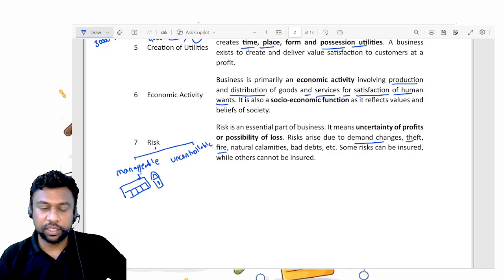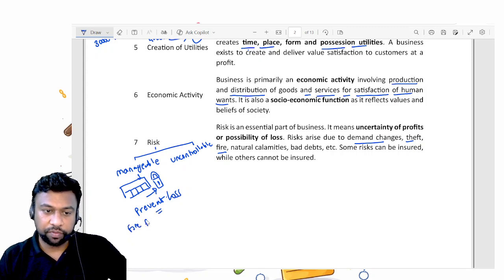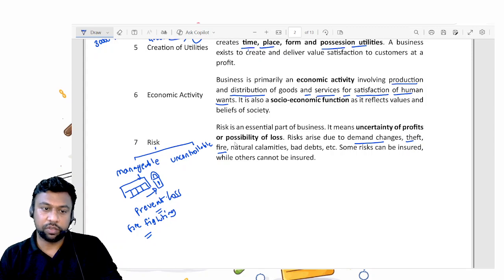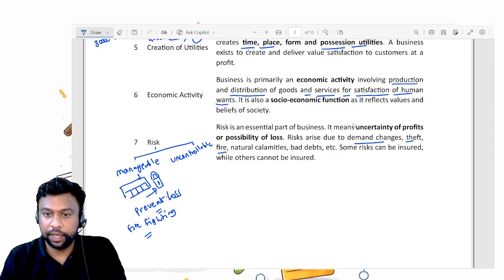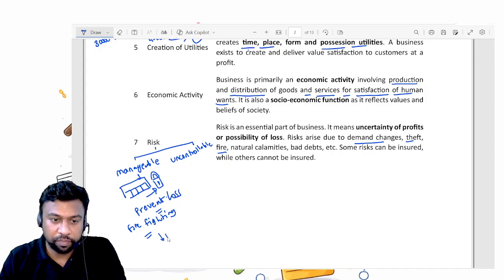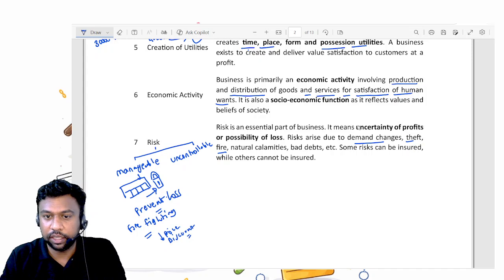So this is manageable risk, where you can use some measures to prevent the loss. For fire, if you have proper firefighting equipment, you can prevent this, or minimize your loss. Demand is in your hand: you can control cost, drop the price of your product, give some discount and generate some demand, so you can manage this risk.